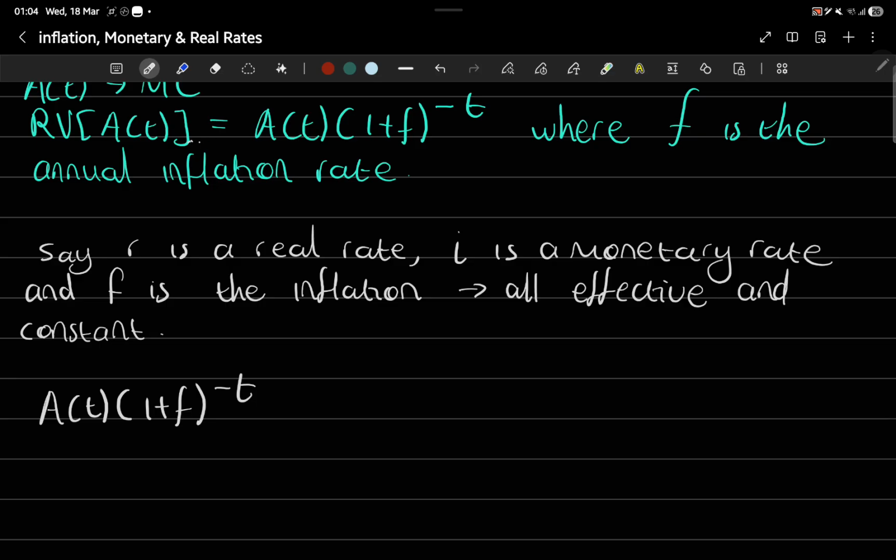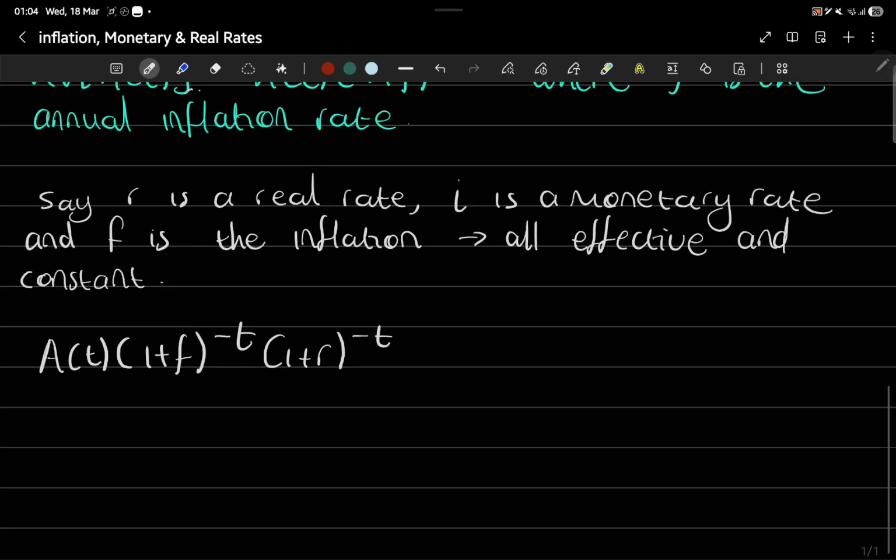And so now that we have the real value, we present value it using the real rate. I hope that makes sense. So we present value real values or real cash flows using the real rates. This is a real cash flow, and we present value real cash flows using the real rate.